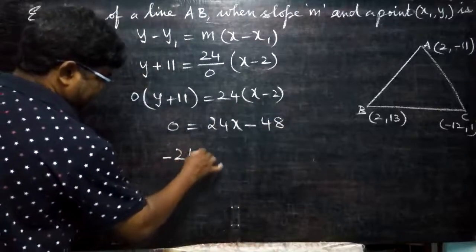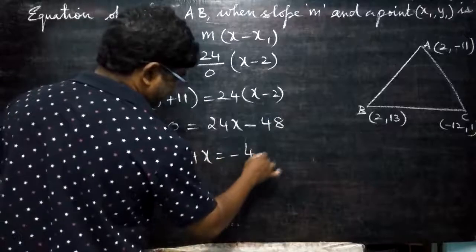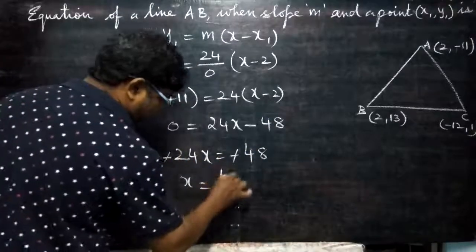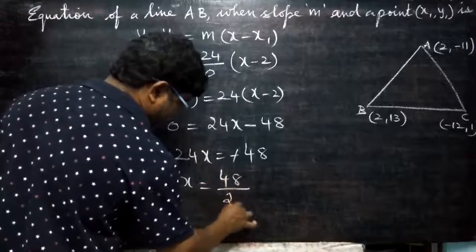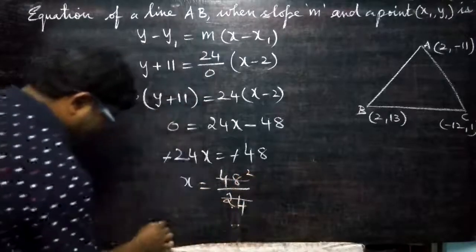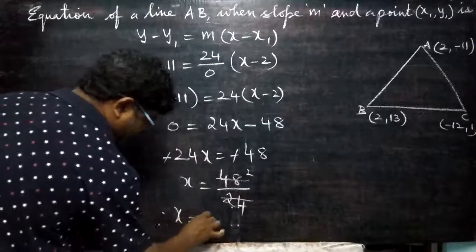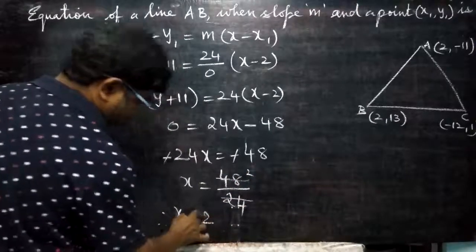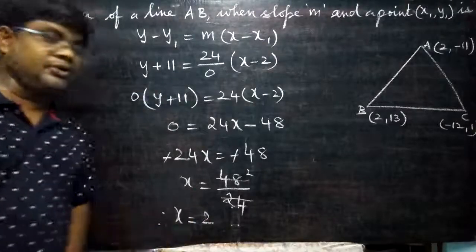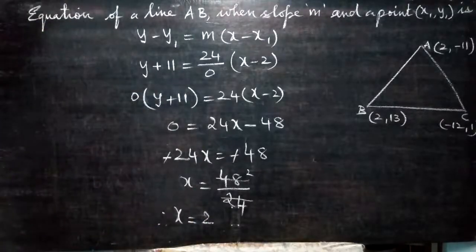Minus 24x is equal to minus 48. Minus minus get cancelled. x is equal to 48 by 24. 24 goes 2 times. Therefore x is equal to 2. This is the equation of the line. What is the meaning of x is equal to 2? Parallel to the y axis at a distance of 2 units. That is the equation of line AB.